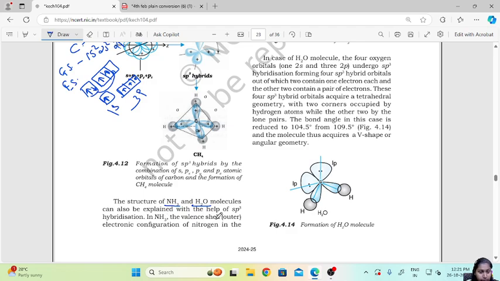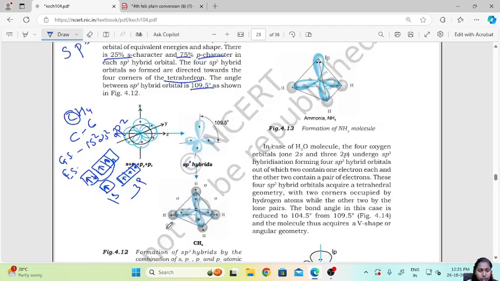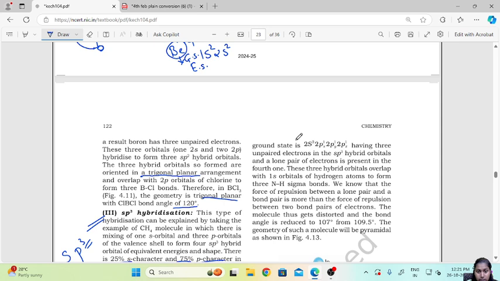In ammonia, the valence shell or outer electronic configuration of nitrogen in the ground state is 2s2 and 2p3, having three unpaired electrons in sp3 hybrid orbitals, and a lone pair of electrons is present in the fourth one. So this 2s2 is the lone pair of electrons.